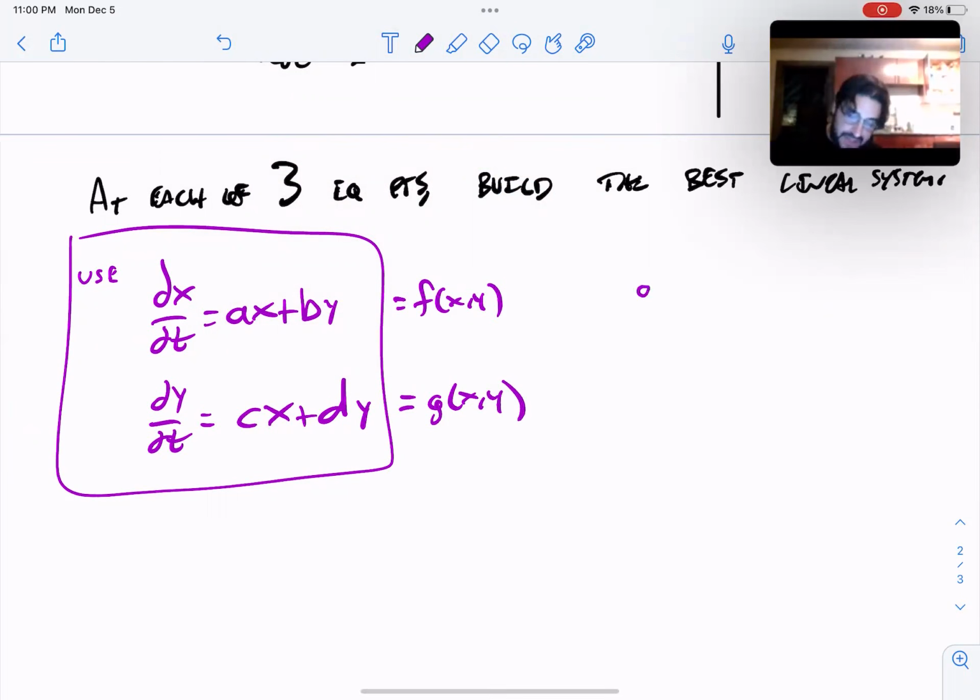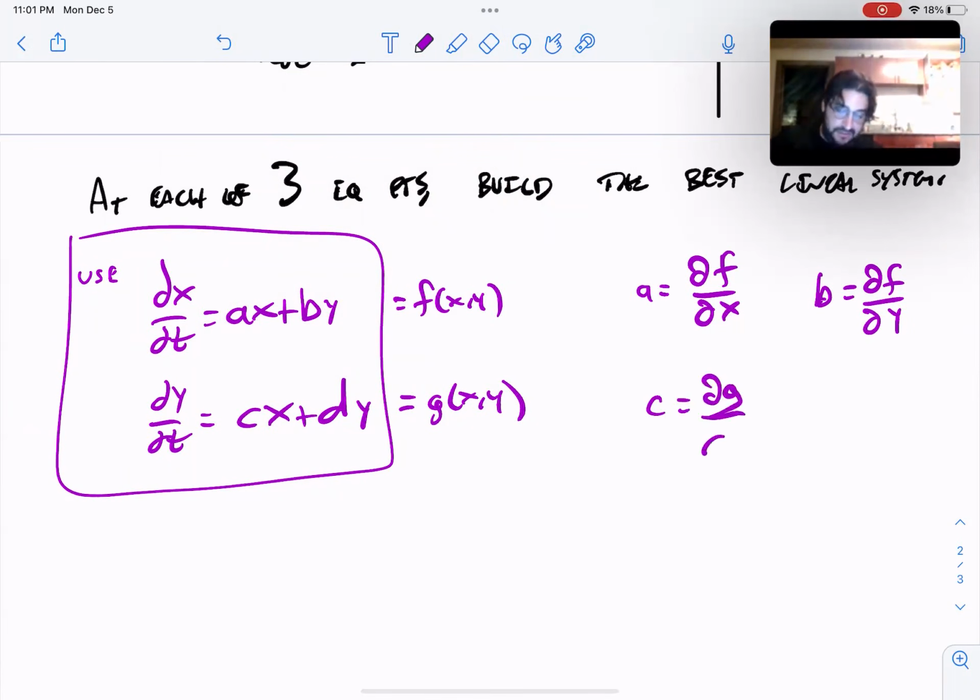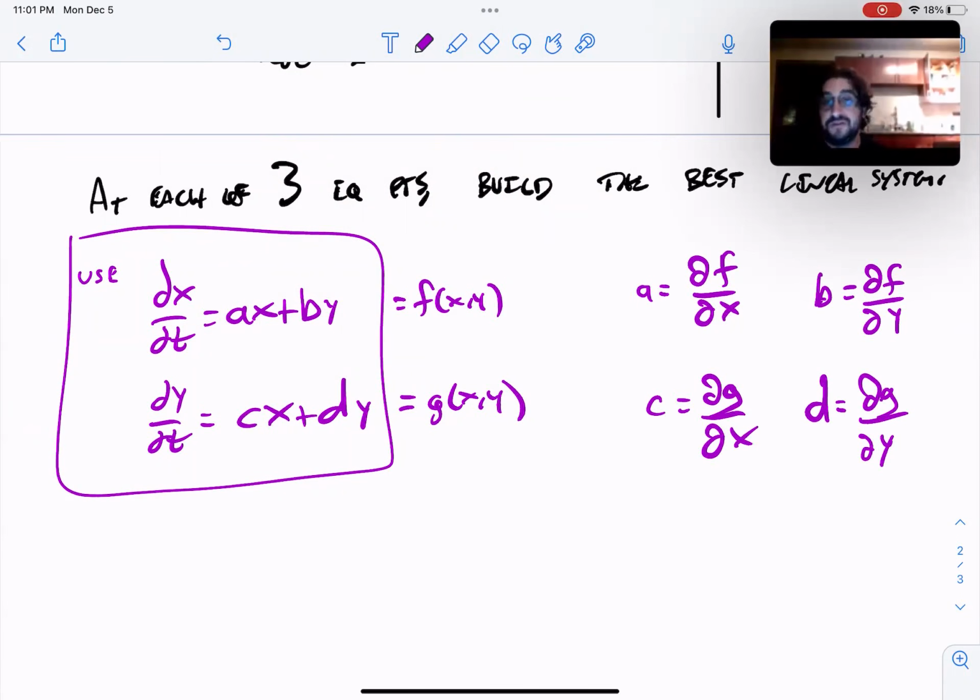Then how would you say A? A would be partial f with respect to x, right? B would be partial f with respect to y. C would be partial g with respect to x, and D would be partial g with respect to y. Right, so those are the four coefficients if you wanted to state them in terms of derivatives.